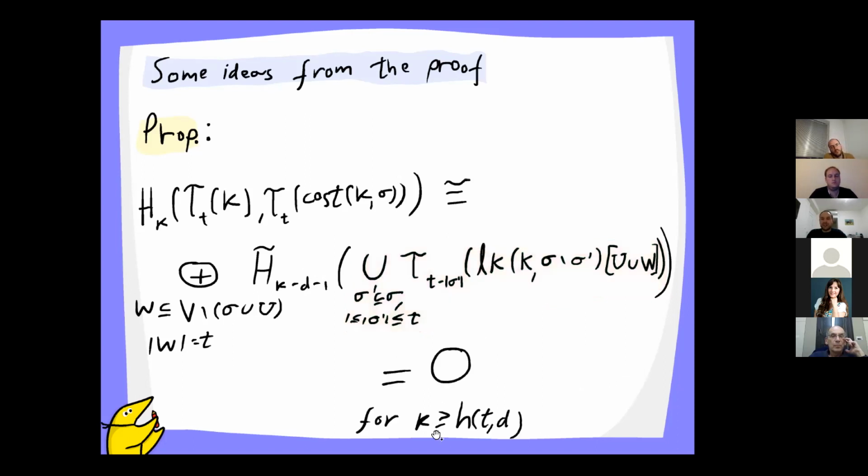So if k is larger than HTD, this is 0, which is what we wanted to prove. Okay, so this finishes the proof.